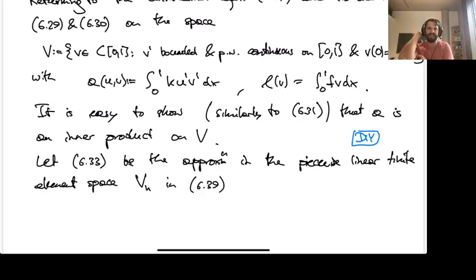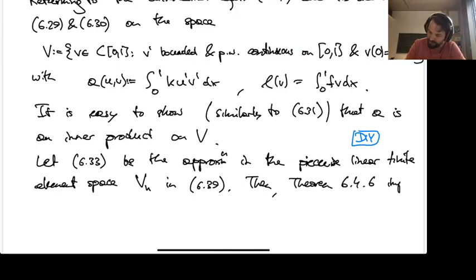So it's basically the space of all continuous functions that are linear on each subinterval [x_{i-1}, x_i] and satisfy the boundary conditions. Then we can use the abstract theorem. So our bilinear form satisfies the conditions. V_h is a subspace of V. That's finite dimensional.